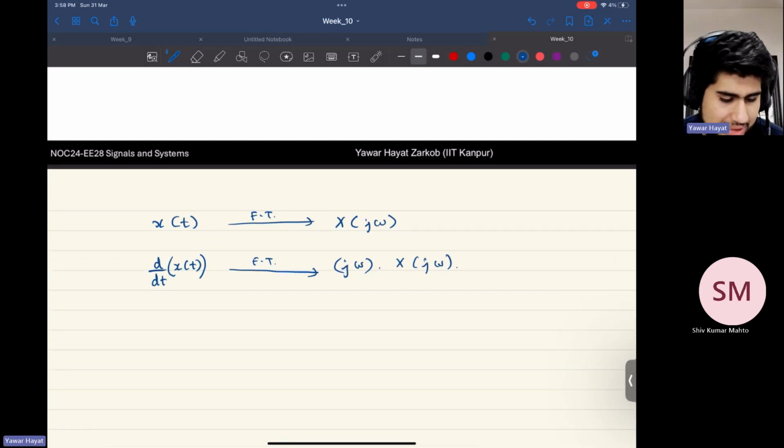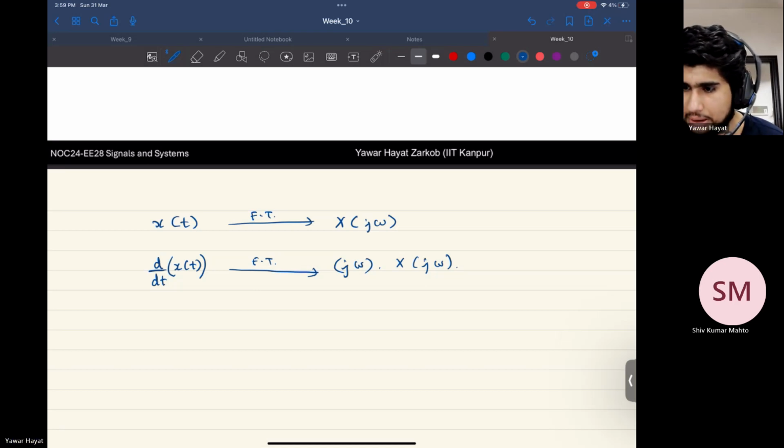So what is happening in the frequency domain? The amplitude changes, the phase changes. Does anything happen to the frequency? Does anything happen to omega? Nothing, right?